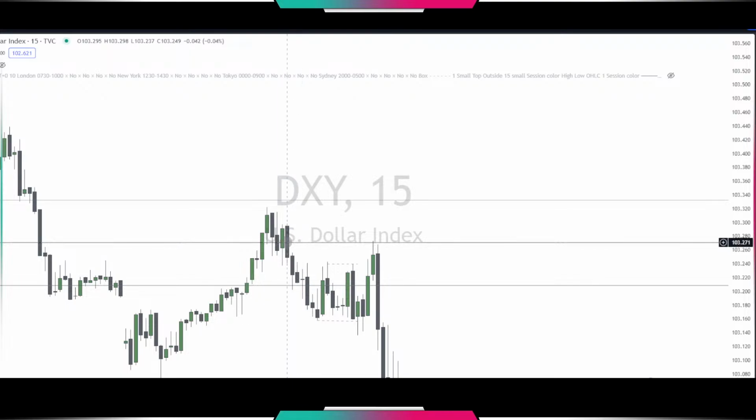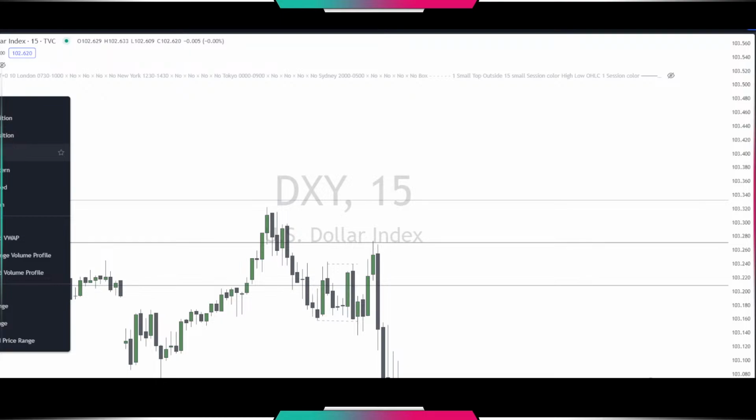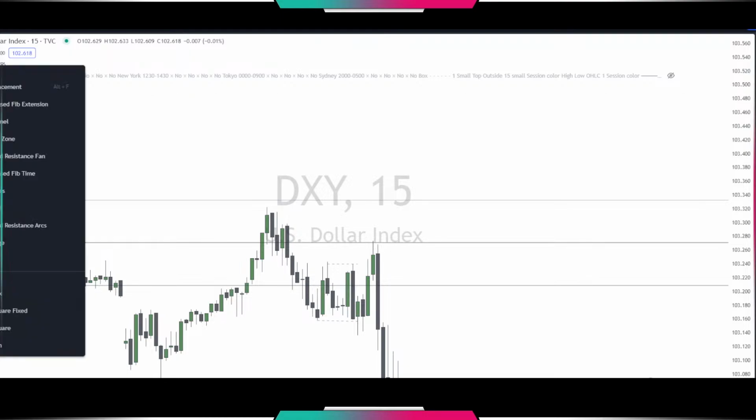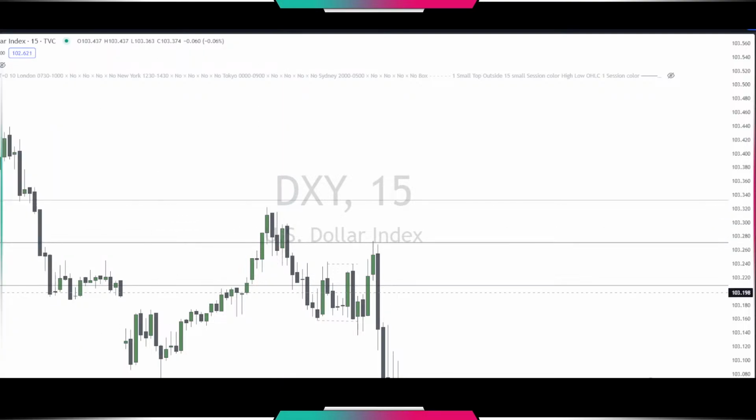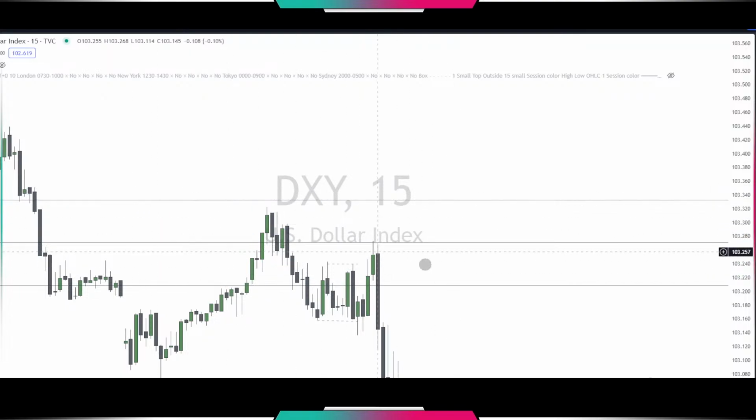It took this order block and rejected from the CE of this order block. If you only take the body, or even the full candle, it's rejecting from the CE. So that's the order flow. Order flow comes from there.